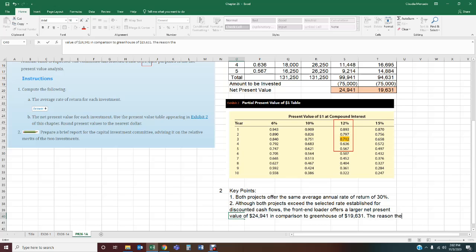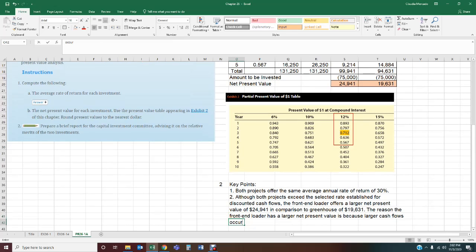The reason the front end loader has a larger net present value is because larger cash flows occur earlier in time compared to the greenhouse.